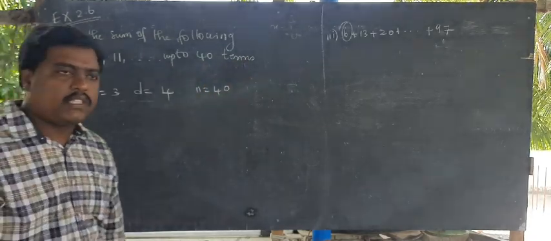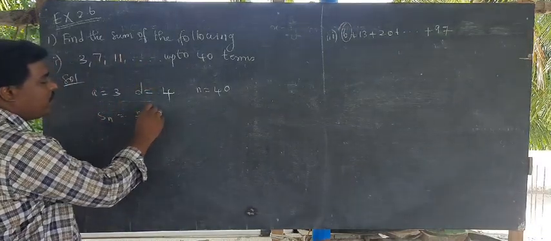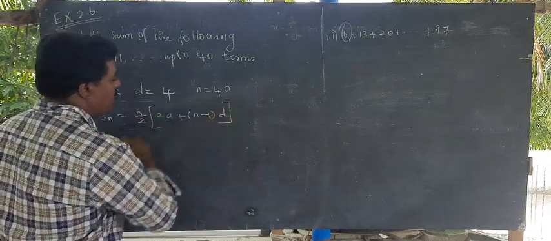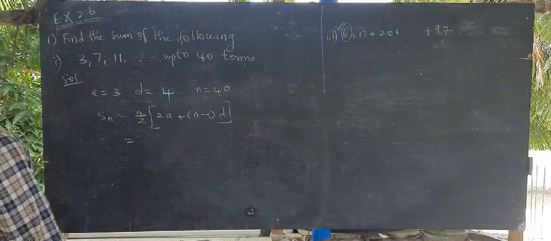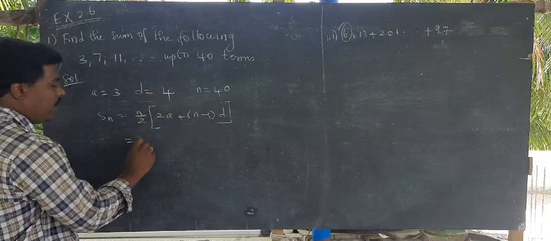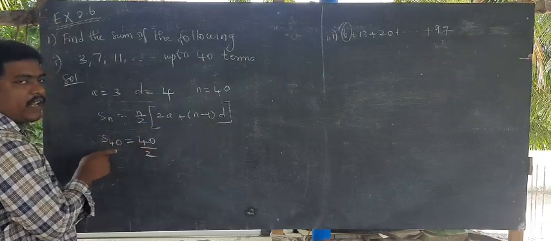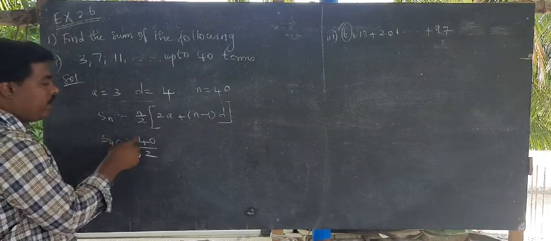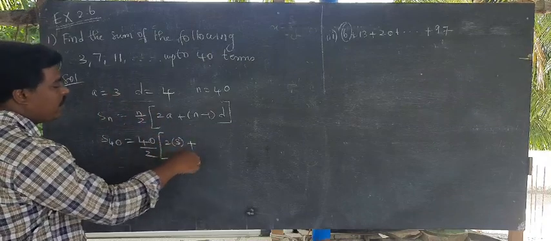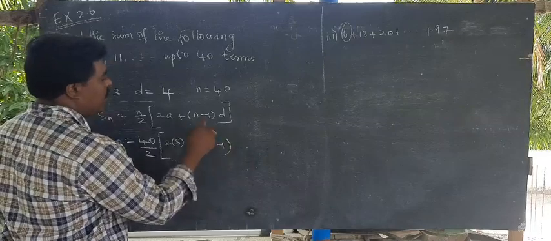So Sn equals n by 2 into 2a plus n minus 1 into d, which is 40 by 2 into 2 into 3 plus 40 minus 1, and d is 4.